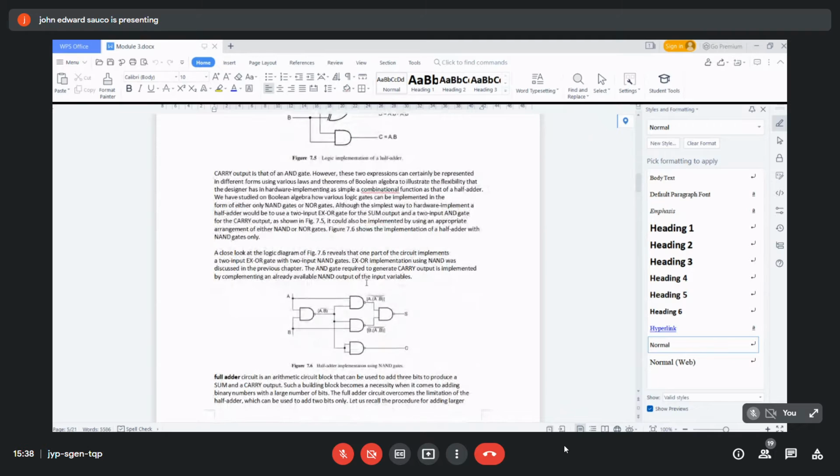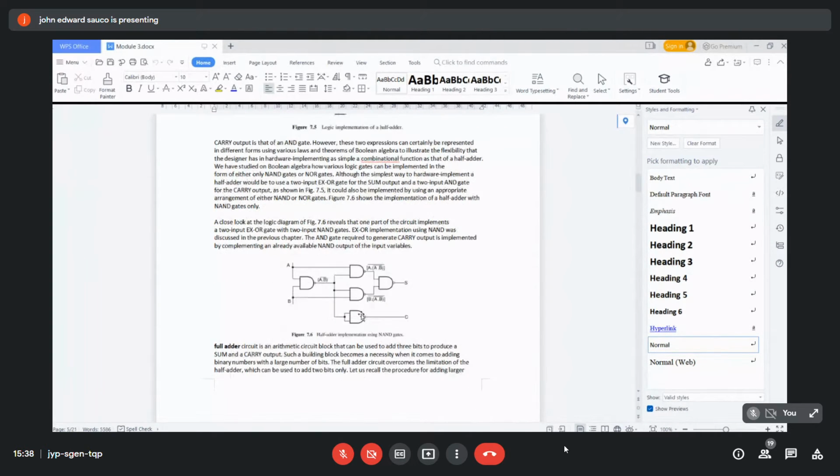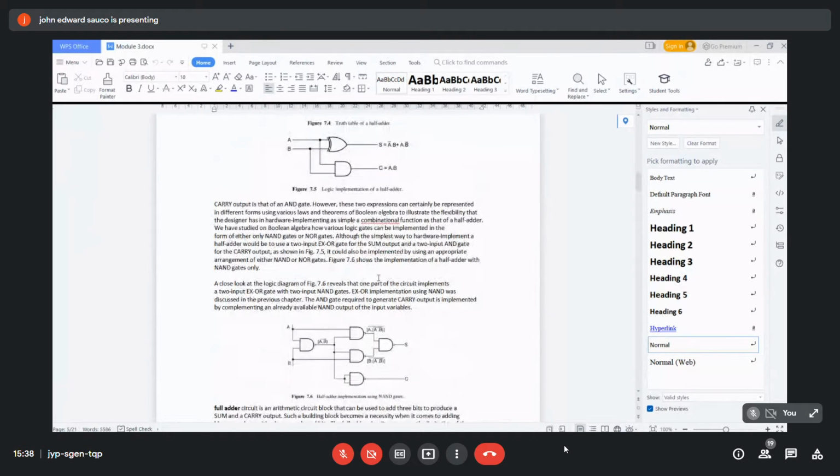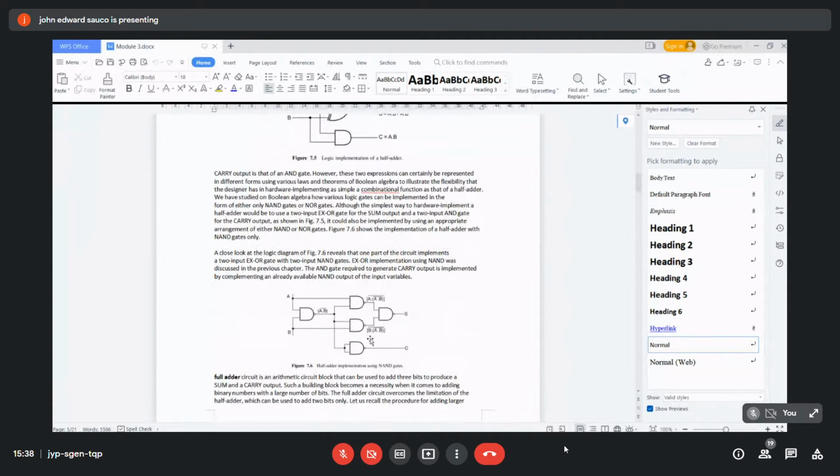And then, dahil sinabi natin na yung NAND and NOR is universal gates. Dito yung XOR, pansin nyo, ginawa siyang NAND lang dahil yun yung condition na sinasabi. And then yung AND is naging ganito.